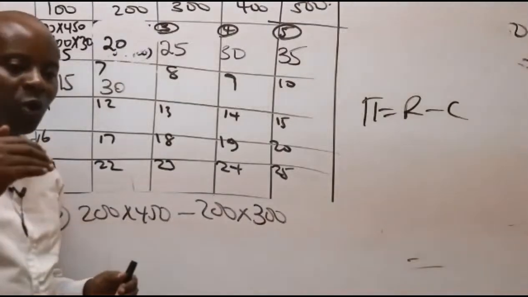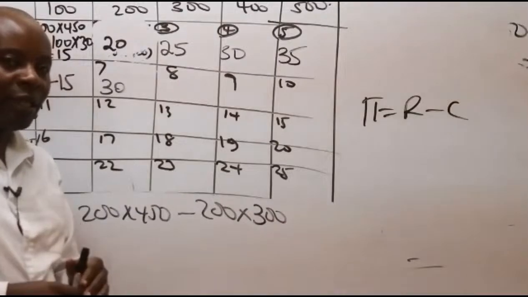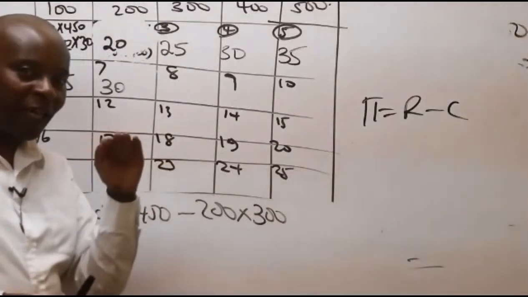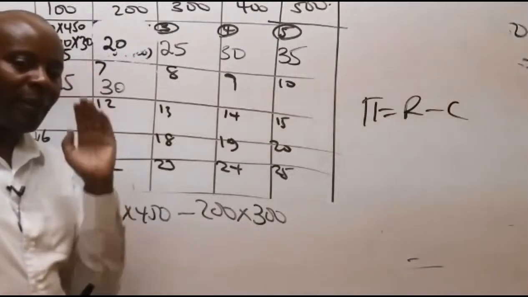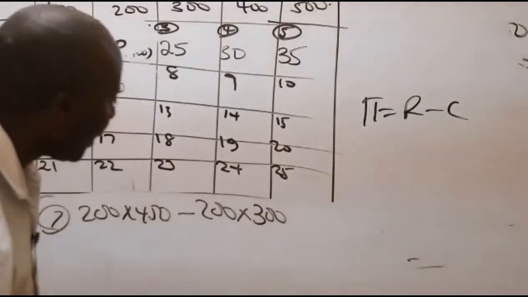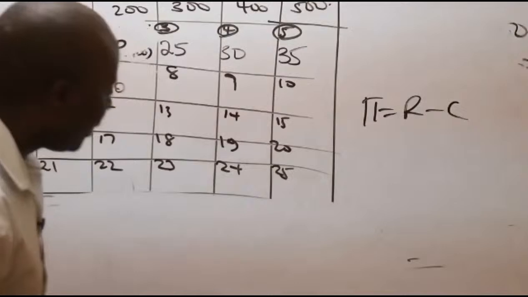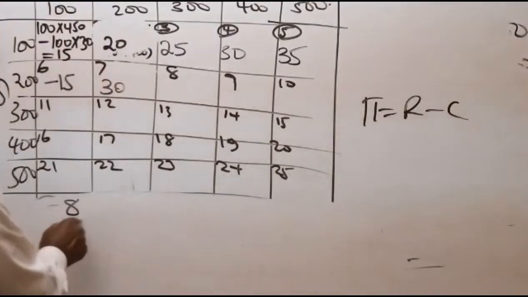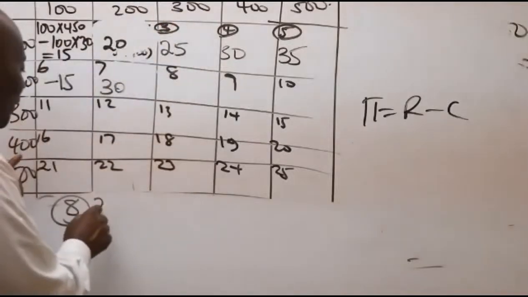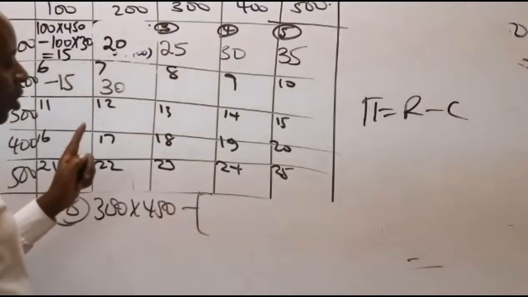So we have to go back to our production and produce some fresh order to cover the excess demand. So for cell number 8, this is what is going to happen. I'll sell the higher: 300 times 450, minus our cost of production.